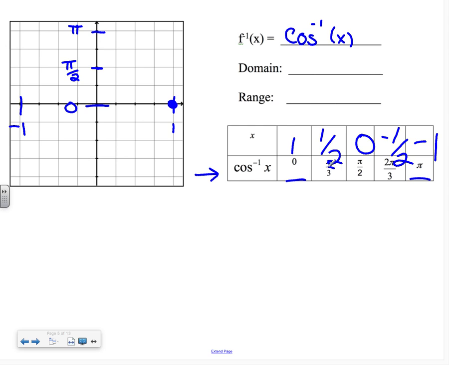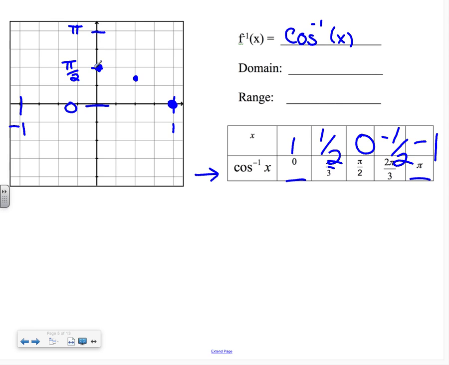Roughly, it's 2/3 of the way to pi, so we'll call it about right here. Pi over 2, something's wrong. I'm thinking x is on, okay, pi, 0 is pi over 2, right? I have to think backwards. All right, so 0 is pi over 2, that's right here.